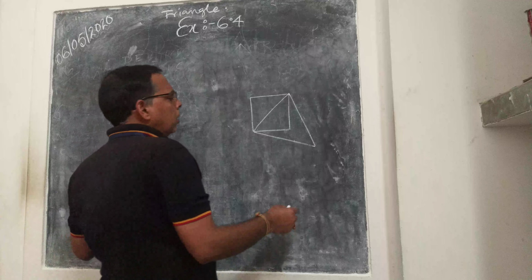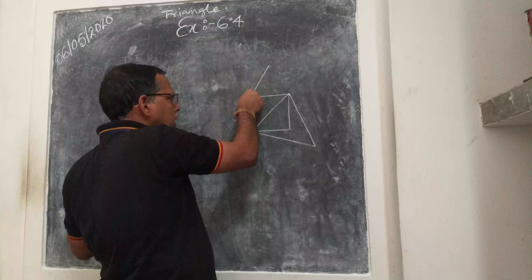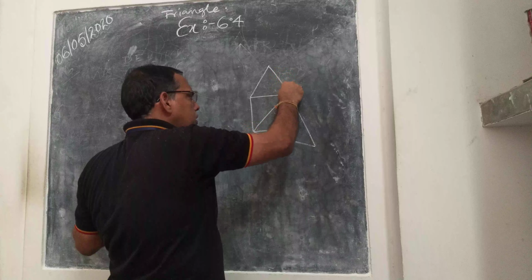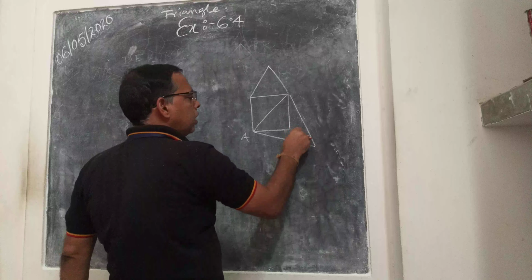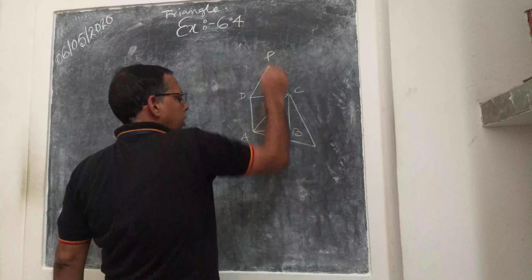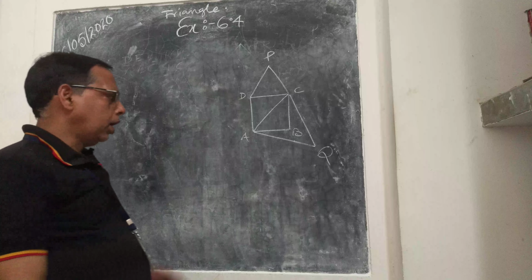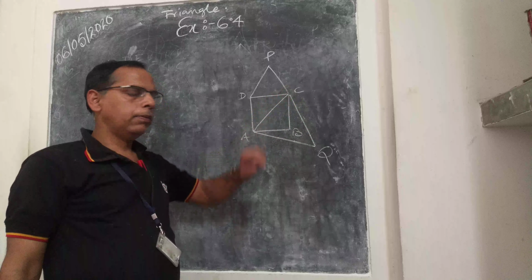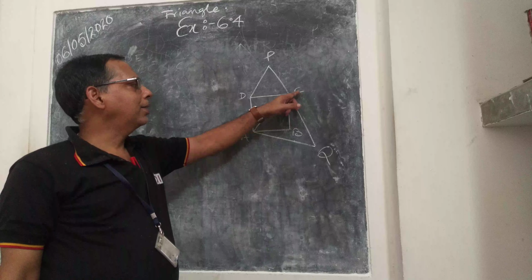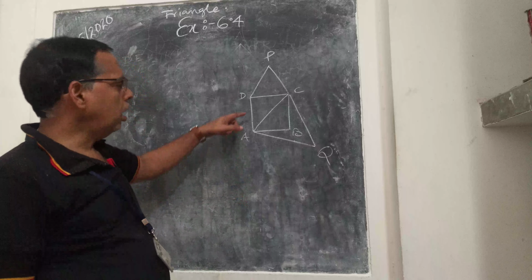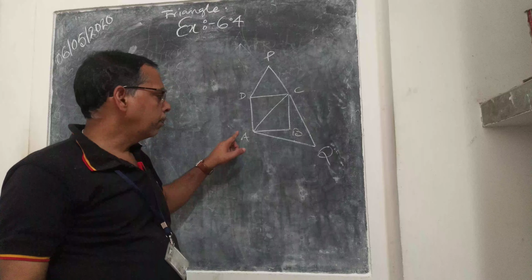Then again, another equilateral triangle is drawn on one of its sides. Got it? Now you have to prove that the area of triangle AQC is equal to 2 times the area of triangle CPB, or the area of triangle CPB is half the area of the equilateral triangle drawn on AC.